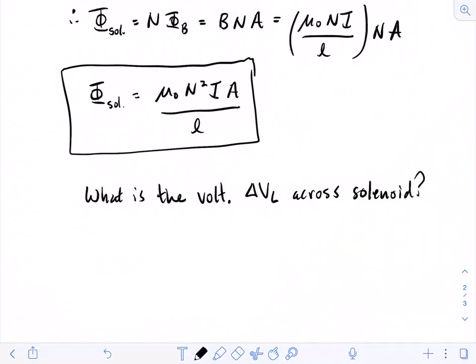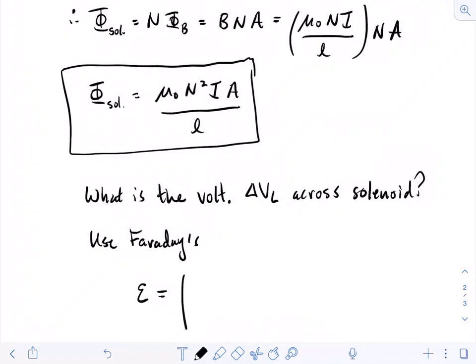We've calculated the flux, and we know that we could use Faraday's law to calculate EMFs. And so we could use Faraday's law, which told us how to calculate the magnitude of this EMF.